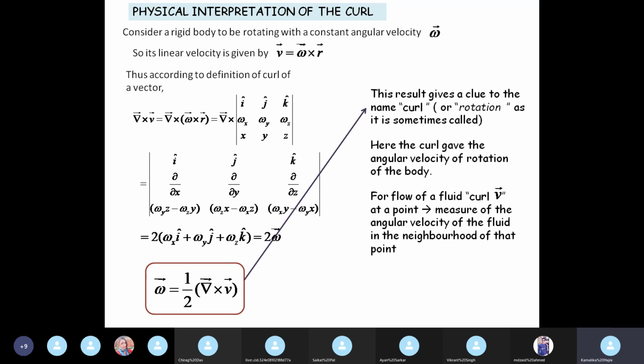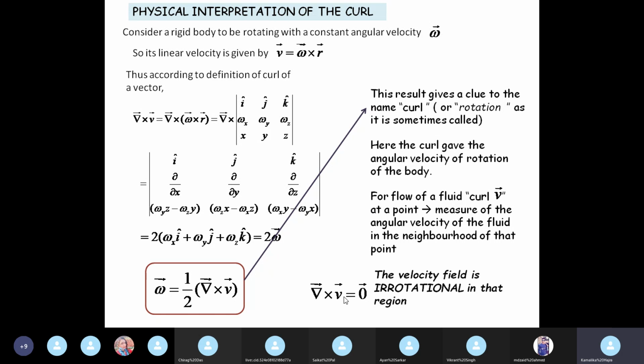So for the flow of a liquid, curl v at a point is the measure of the angular velocity of the fluid. Curl v equal to 0 means the velocity field is irrotational, that there is no rotational motion.